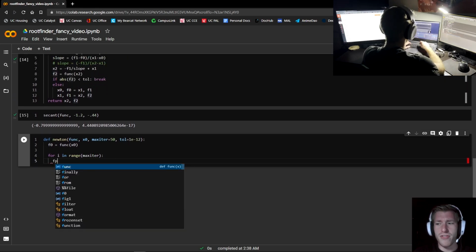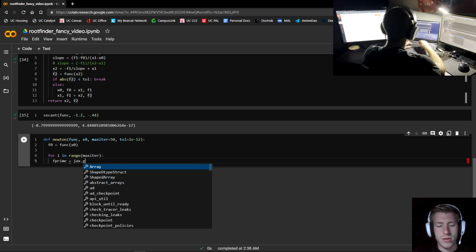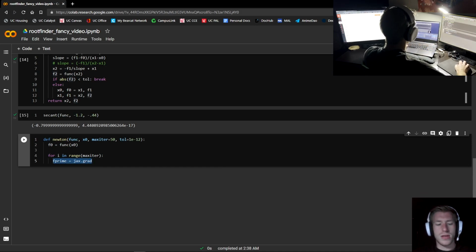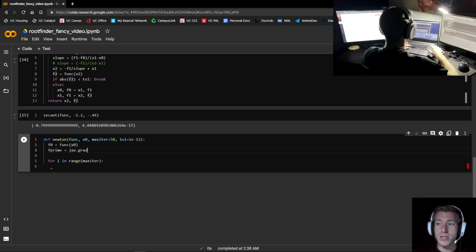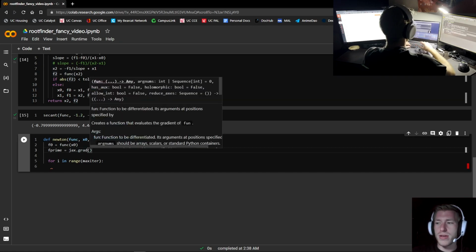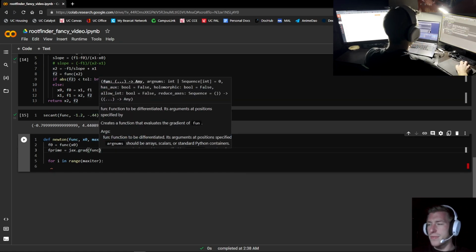So we're going to find f prime, it's going to be the jax dot. Oh, actually, I just realized this is going to be a function, not a specific point. So we don't need to calculate it every time. So the grad of our function func. So right there.